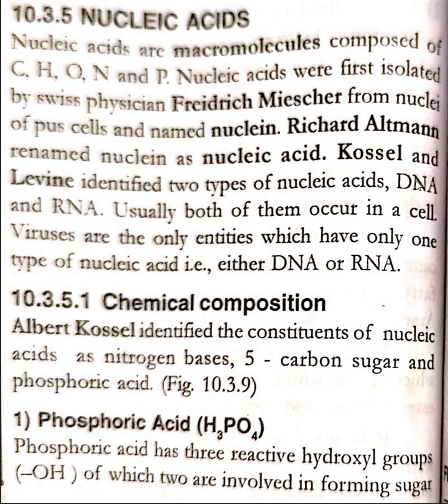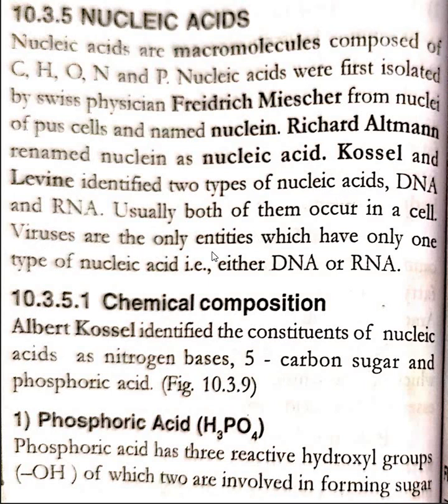Never combined means that if DNA is present in the nucleus, RNA is present in the cytoplasm. If RNA is present in the nucleus, then DNA may be present in the cytoplasm, or in the mitochondria or chloroplast. But DNA and RNA never both exist in one place.